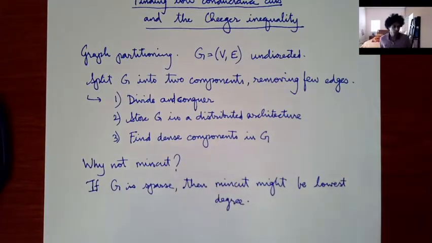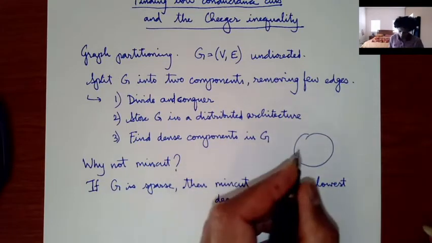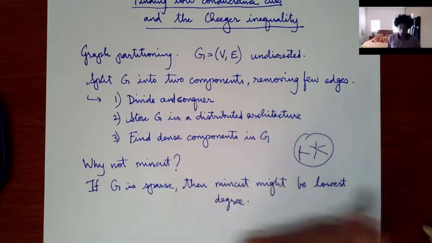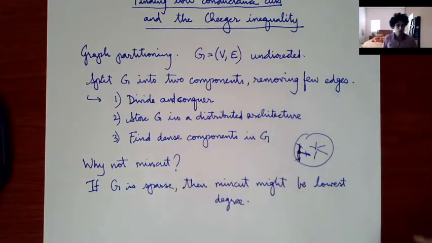Indeed, we know that the min cut is going to be at most the lowest degree. And so if you have a graph where, let's say, there's a vertex of degree 3, well, then the 3 edges over here would give you a min cut because it separates the graph into 2 connected components, removing the fewest number of edges.